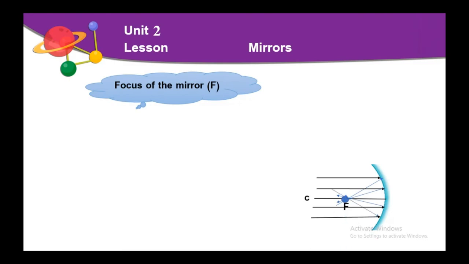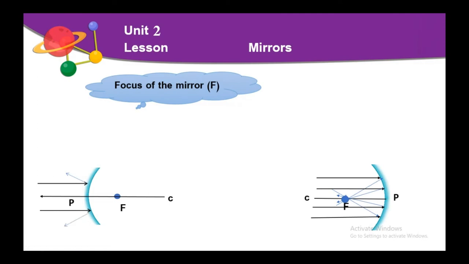So we can define the focus as the point of collection of reflected light rays in the concave mirror, but in the convex mirror, when light falls on it, it will diverge.